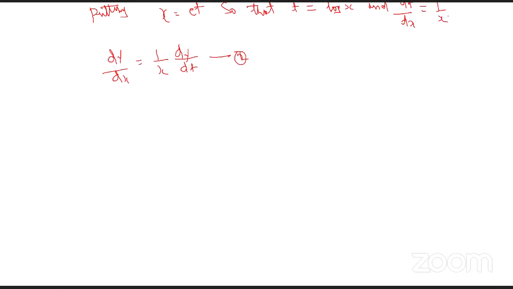Next, d square y by dx square can be written as 1 by x square into d square y by dt square minus dy by dt, using 2 and 3.